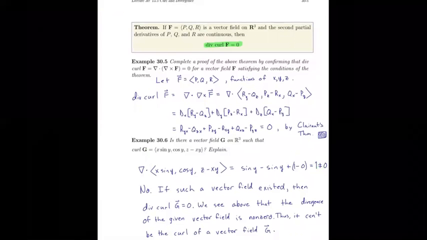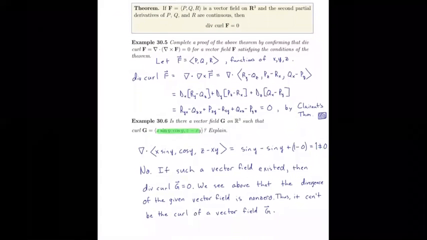This is a necessary condition. If this vector field was equal to the curl of some vector field G, then the divergence of the curl of G should be 0. Well, it couldn't be the case that this is equal to some curl of G vector field because our divergence was not 0.